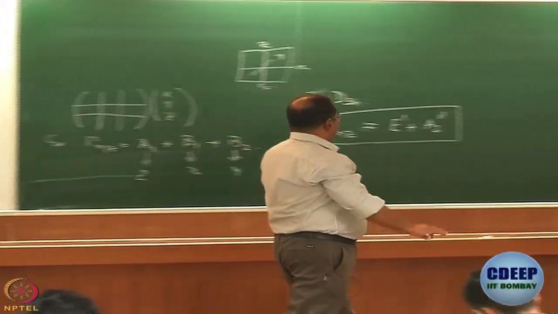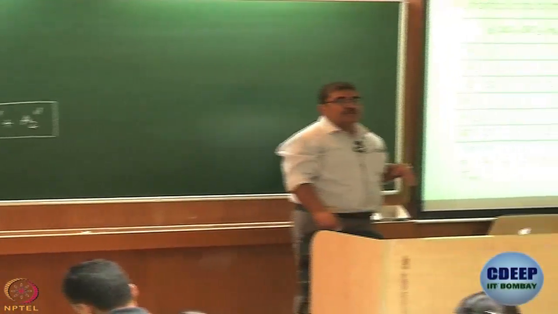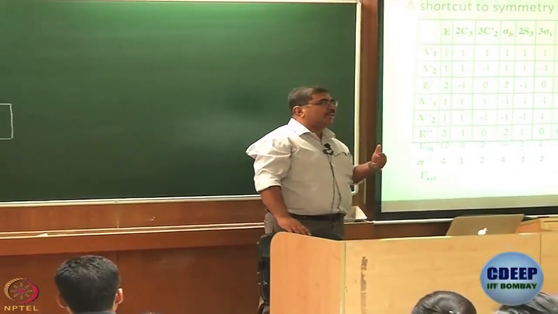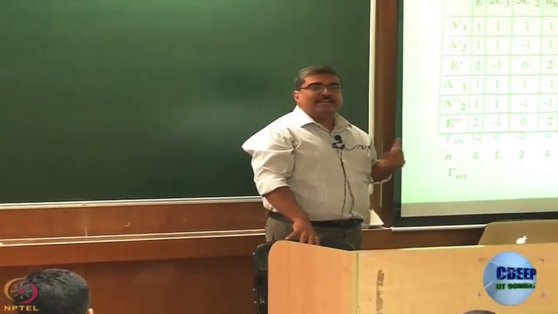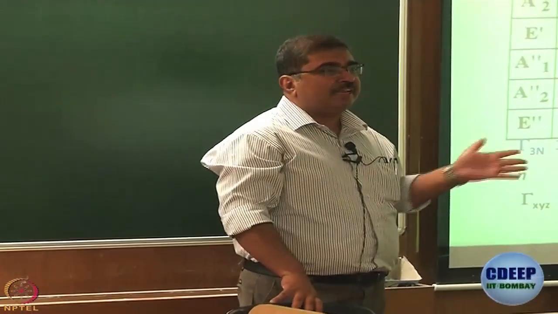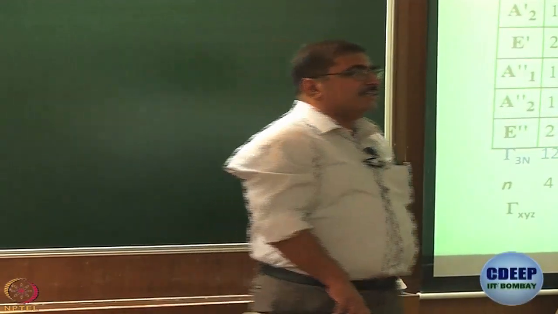So, if this is the case, gamma xyz is E dash plus A2 double dash, then I should be able to find the characters of gamma xyz by adding the corresponding characters of E dash and A2 double dash. Is that right? Can you tell me what the characters will be? What is the character for E? I can tell you that it's going to be 3.